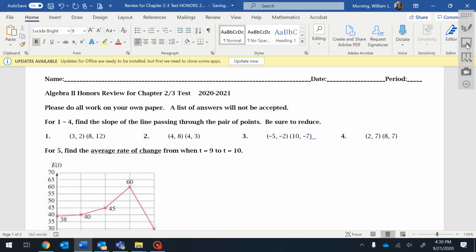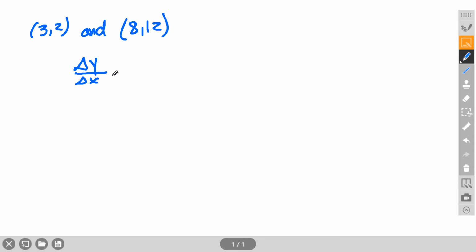Number 1, we are finding the slope passing through the points 3, 2, and 8, 12. So this is simply rate of change, slope, which is delta y over delta x, which is y2 minus y1 over x2 minus x1, change in y over change in x.